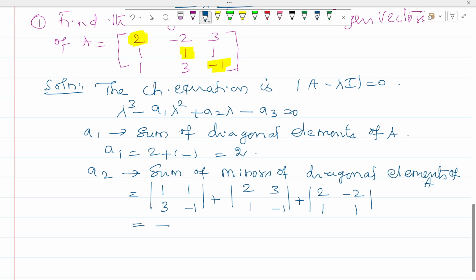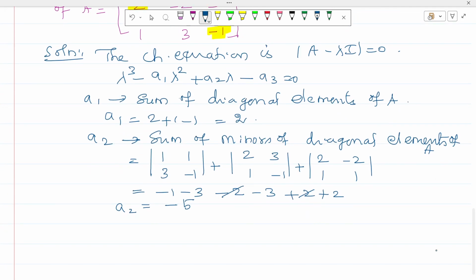The determinants are (-1 - 3) + (-2 - 3) + (2 + 2). So -2 and +2 cancel, and we get 7 - 5, that is the value of a2.